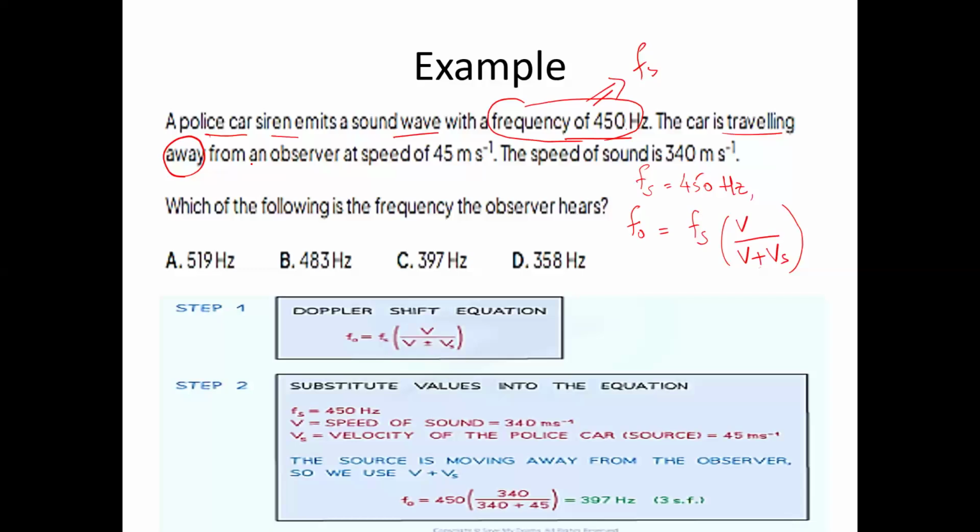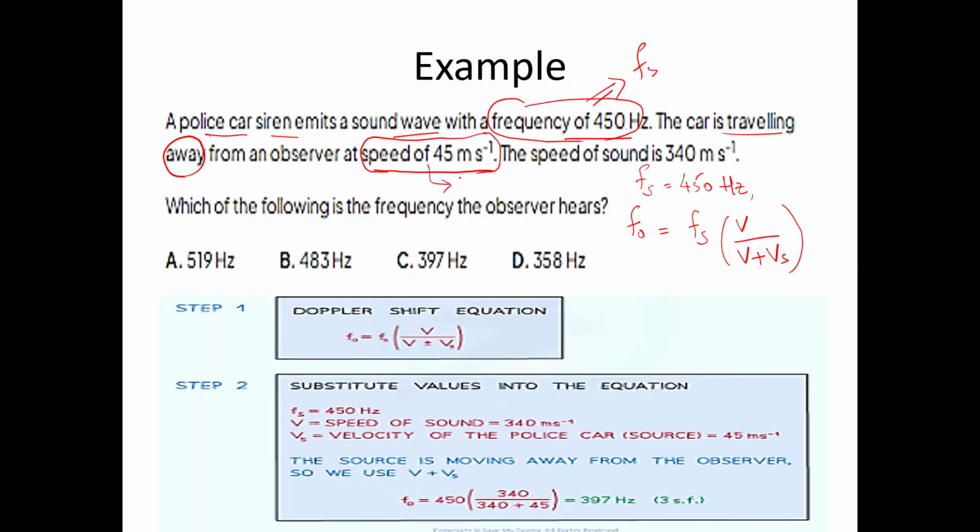What next is there? It is moving away from an observer at a speed of 45 meter per second. Okay, people tell me, will this speed be Vs or is the speed V?